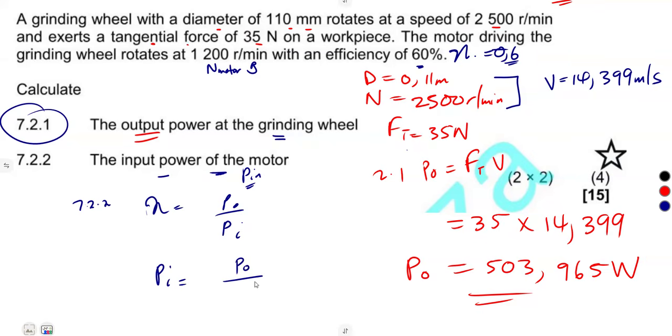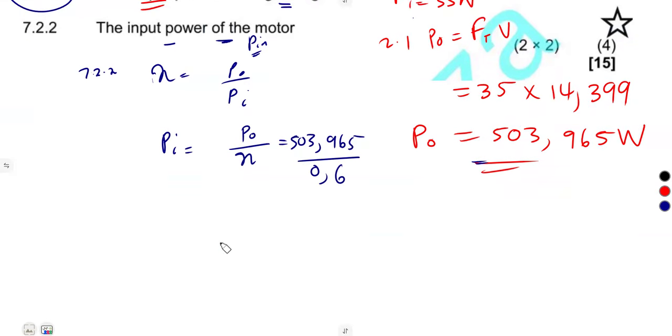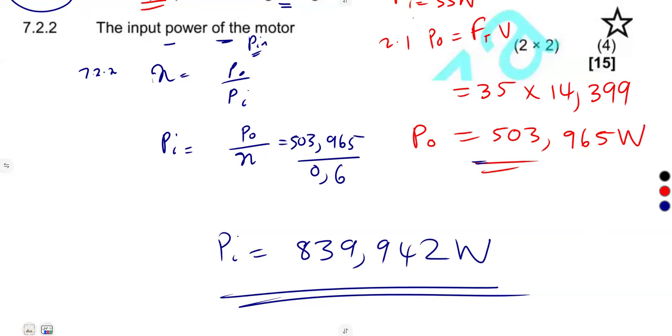So input is going to be output over efficiency. Using that efficiency and output, 503,965 divided by the efficiency of 0.6. That was going to give us the input power of the motor. That is 839,942 watts, just like that.